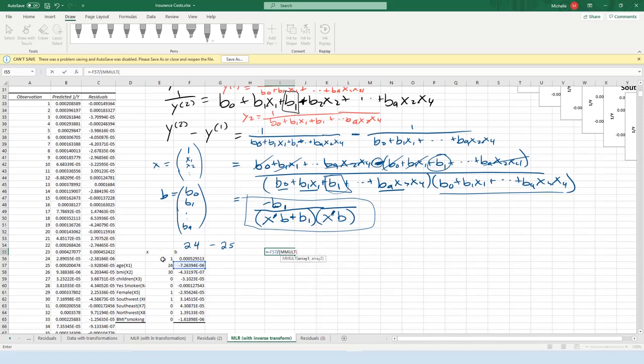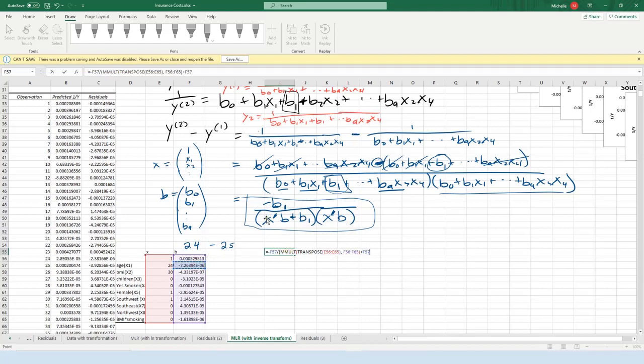And I want the transpose of X, which is this guy, times B, which is this guy. Then close those parentheses and make sure I'm still in the denominator and press plus. Okay, plus B1, which is this guy.